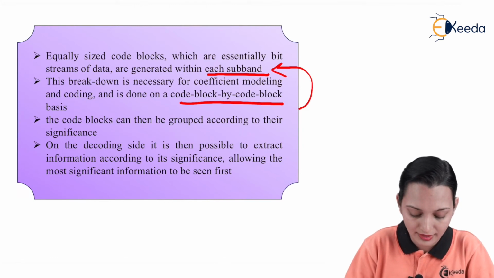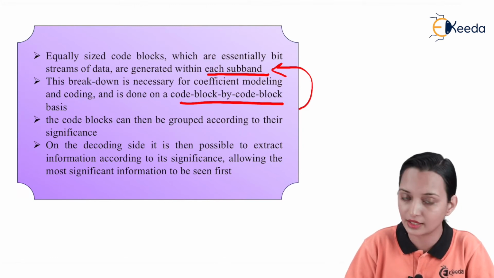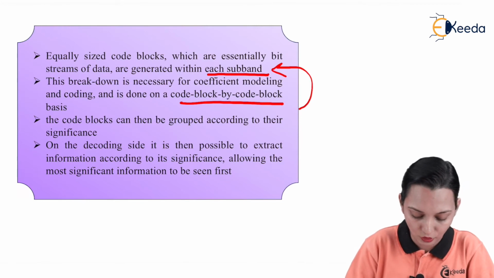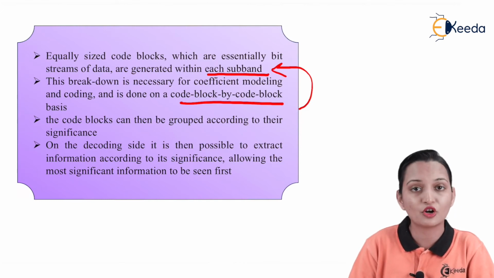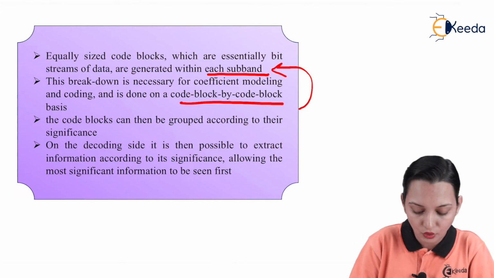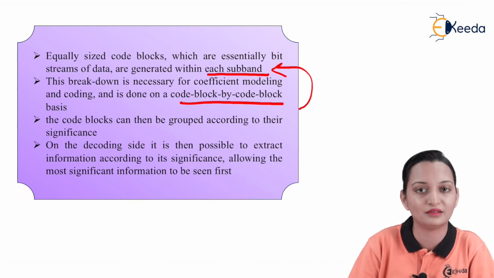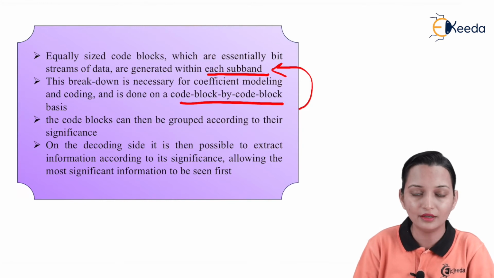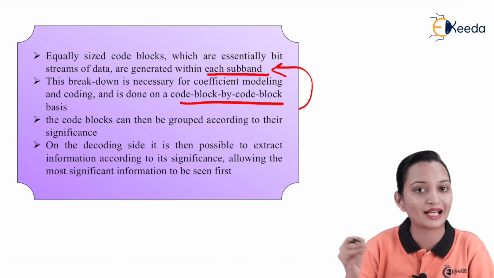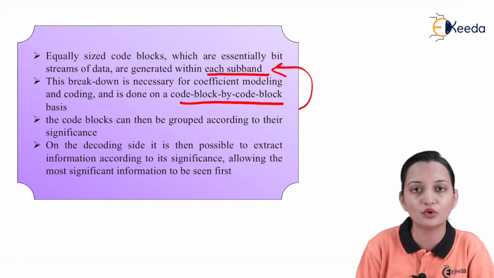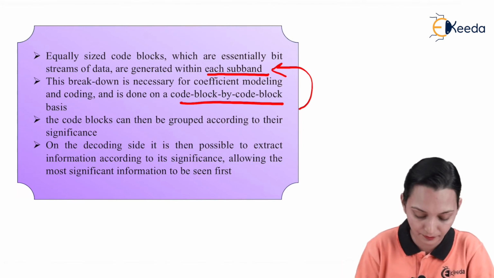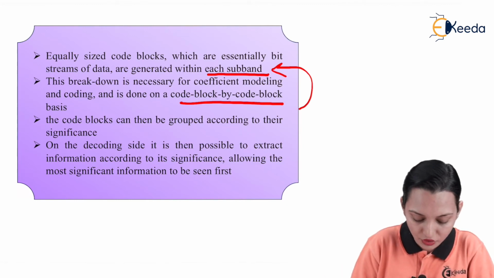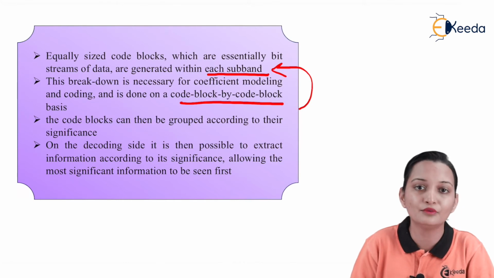The code blocks can then be grouped according to their significance. On the decoding side, it is then possible to extract the information according to the significance. Because of this individual code block by code block coding and modeling technique, it is very easy at the decoding side to capture the original image, allowing the most significant information to be seen first.